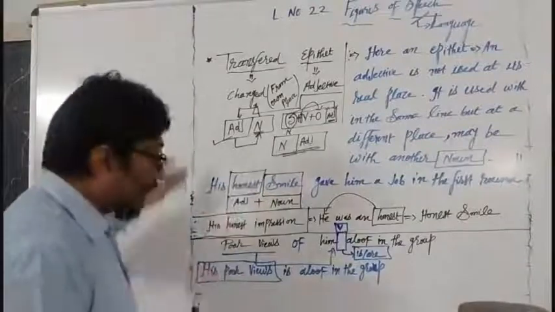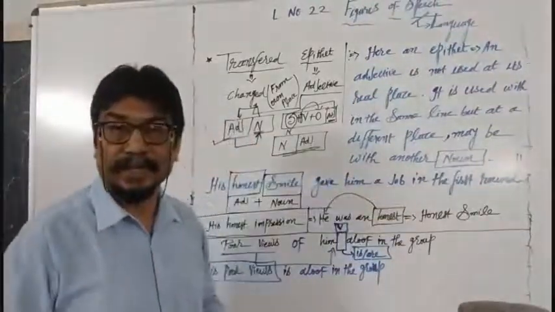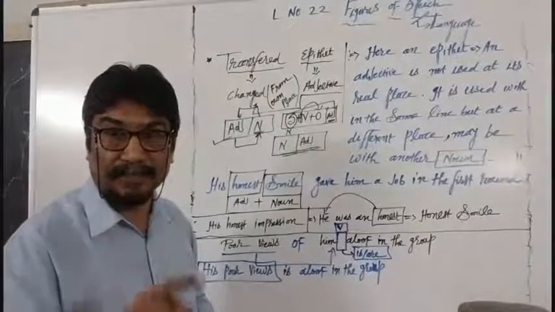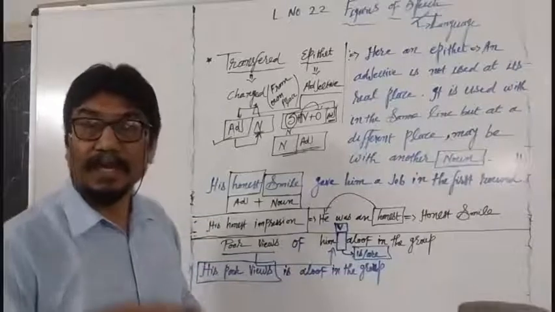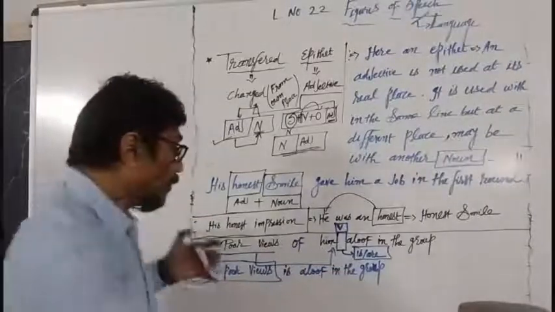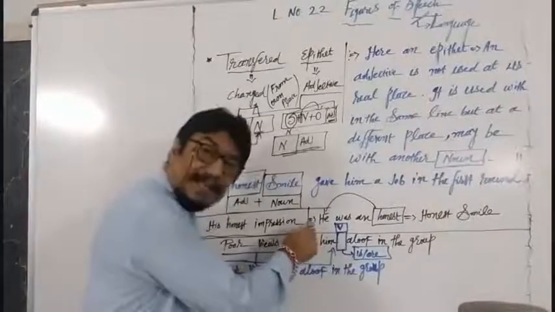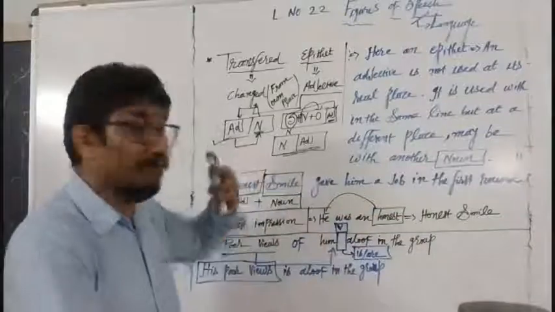His honest impression is equal to what? He was honest, so he was selected in the first round, and that honesty only gave him a chance in the first round. If you go ahead, you will come to know this idea, but it is not written in this way, it is in a twisted way.